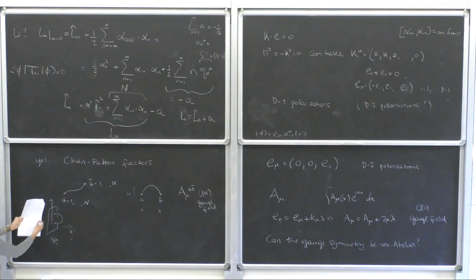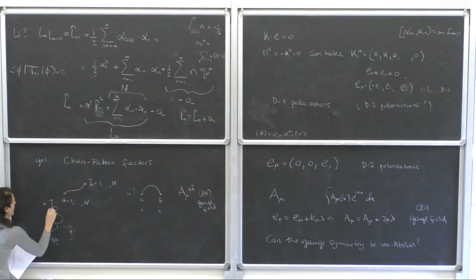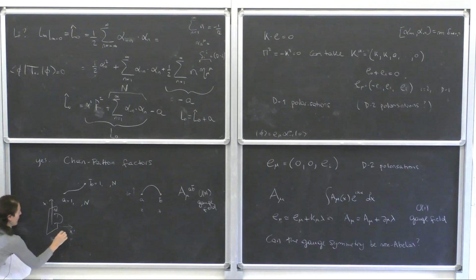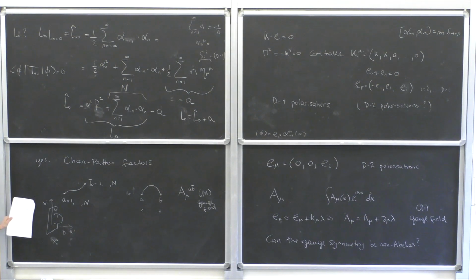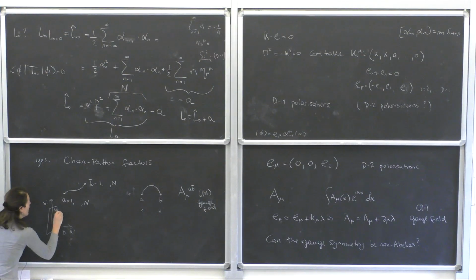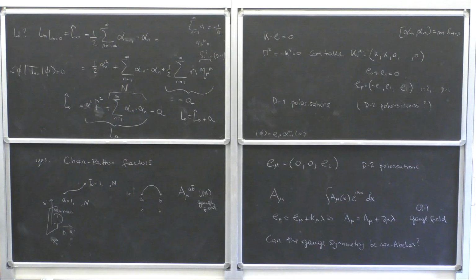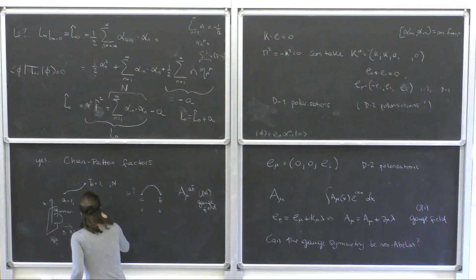So the open strings are attached to D-branes. Here you have Neumann boundary conditions along the brane, and here you have Dirichlet boundary conditions orthogonal to the brane. What this n index tells is that I can have n D-branes on top of each other.